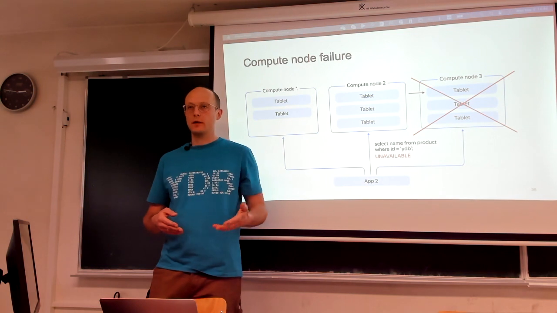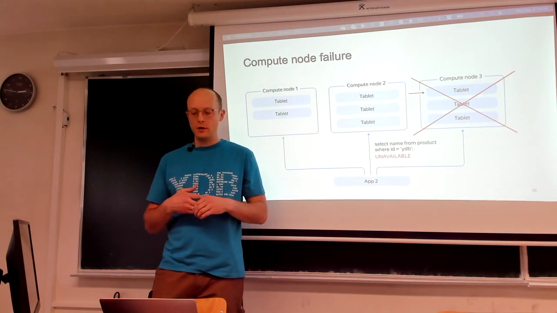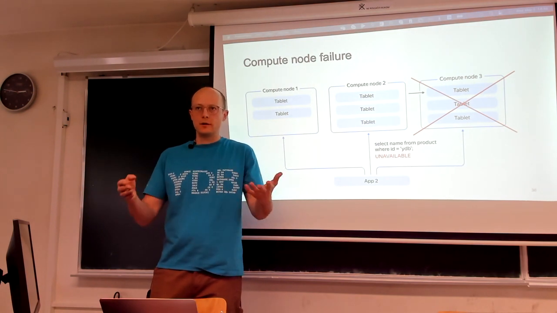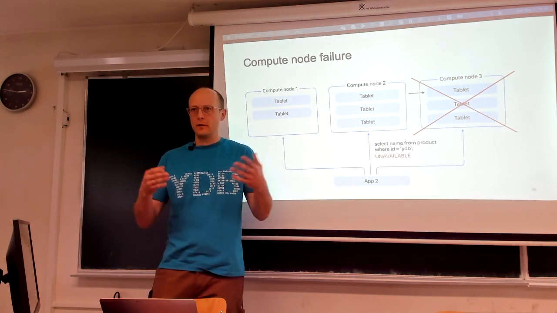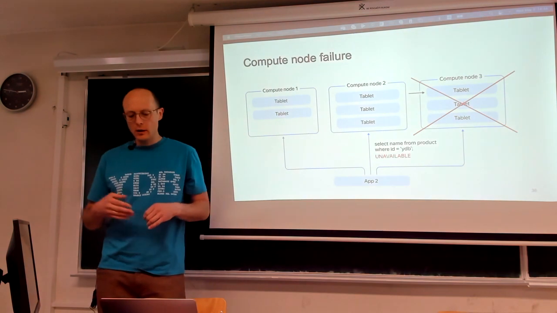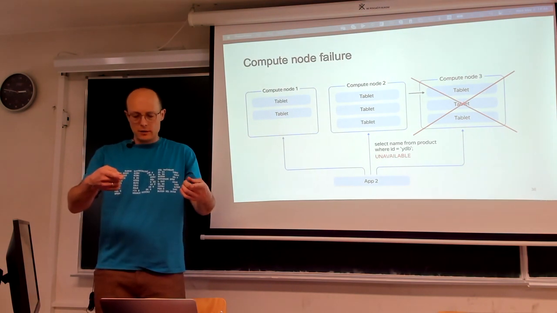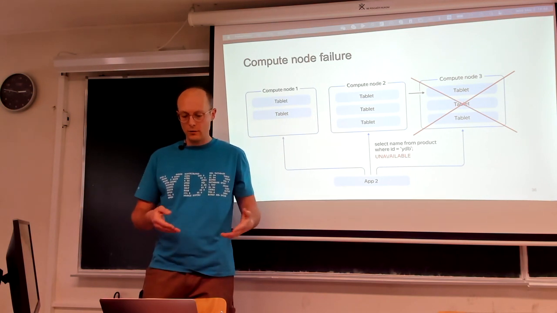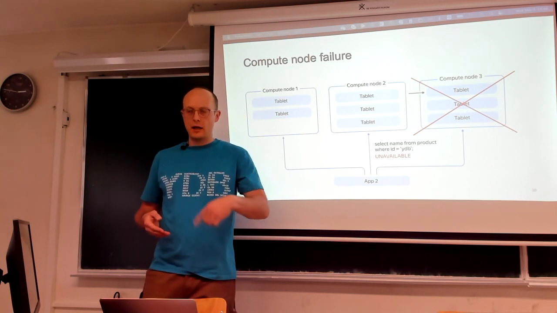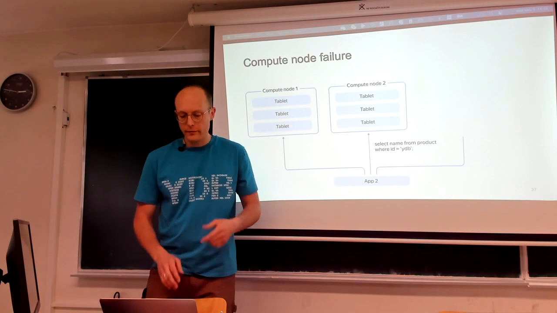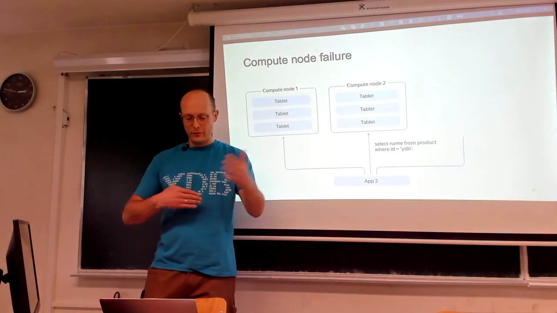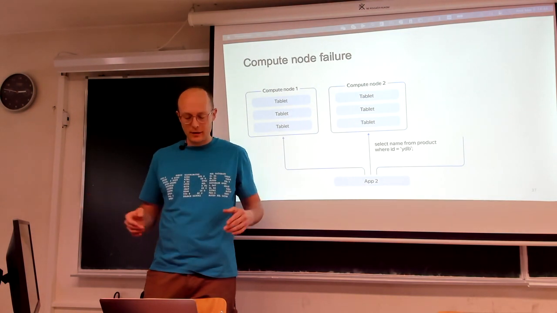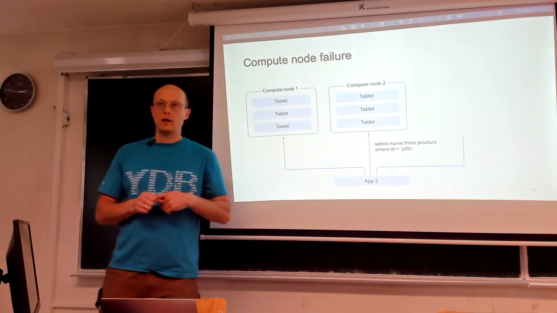The application receives an unavailable response. It's a standard gRPC code. It's retriable, and the SDK can retry it. You can just write in Python with a retriable decorator to retry this error with exponential backoff, for instance, just to avoid overloads. So the SDK retries the request, and if the exponential backoff is set up luckily enough, like several seconds, the tablet is launched on another node.